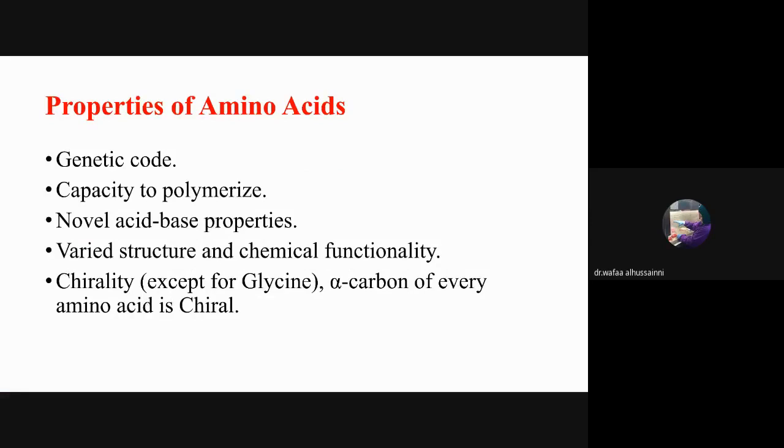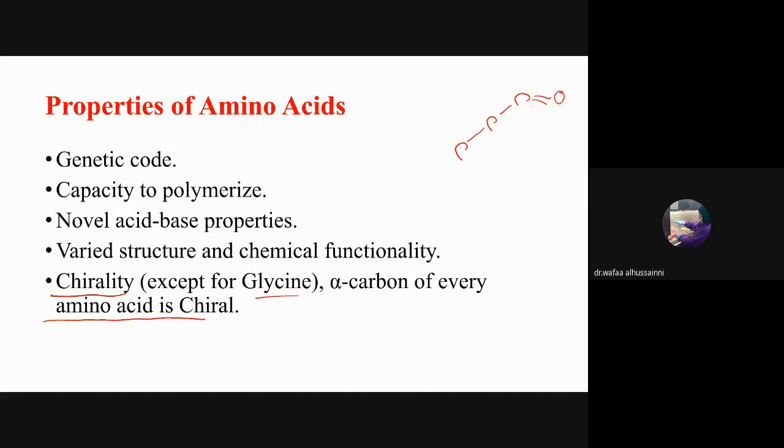So if we talk about chirality, all alpha carbons of every amino acid are chiral except for glycine, and glycine is a 2 carbon amino acid.